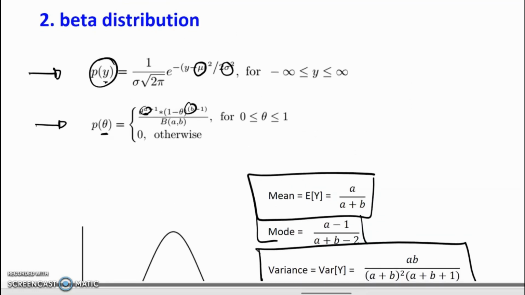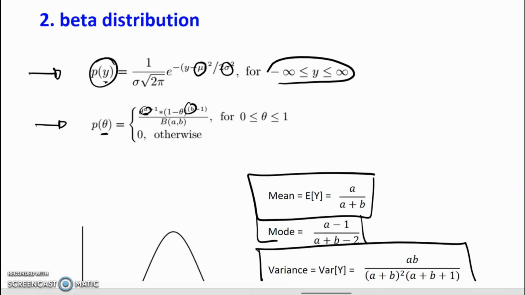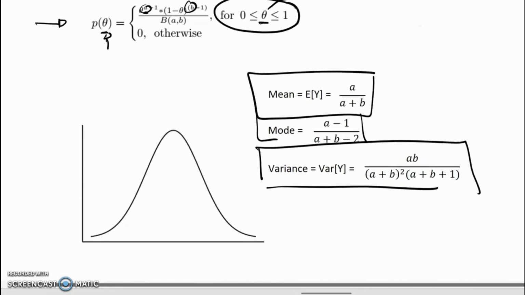The y values for a normal distribution can go anywhere between minus infinity to positive infinity. In contrast with the beta distribution, we're getting a probability density of theta, but theta can only go between 0 and 1, which makes sense because we're going to have the beta as the prior for the binomial, and the binomial parameter theta can only go from 0 to 1.